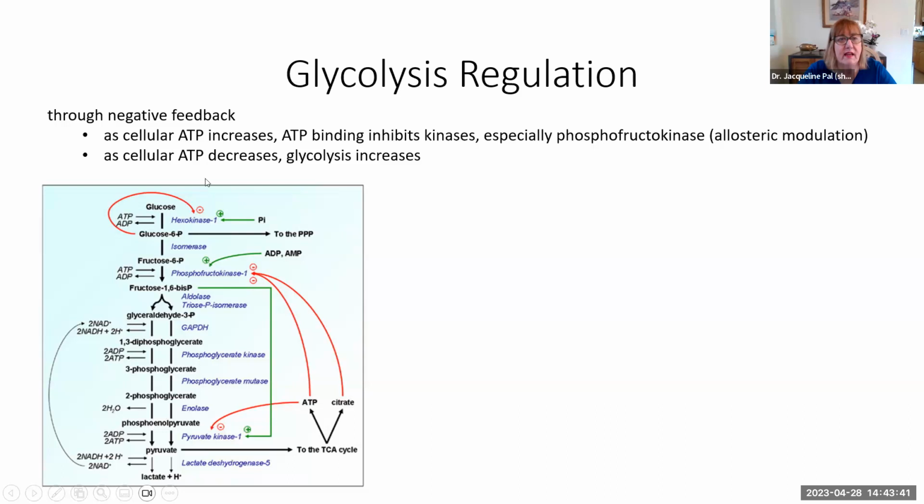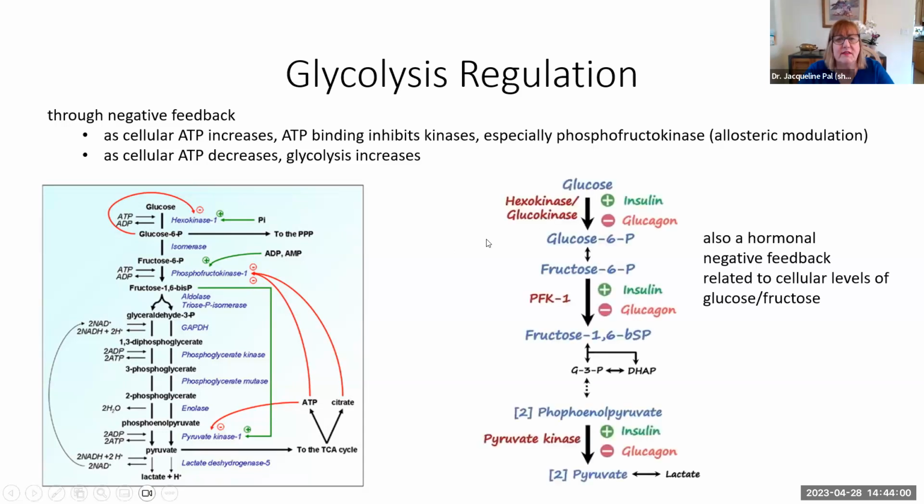So if the cell has a lot of ATP, then this enzyme is not going to work. On the other hand, if we have low cellular ATP, then we definitely are going to increase our glycolysis. So that basically is where the cell decides, do I want to do this now, or are we going on a little siesta break? There is an endocrine regulation of this as well, because we are starting with glucose, and insulin and glucagon regulate blood glucose levels.